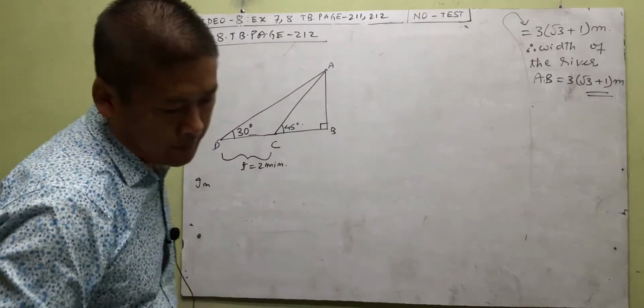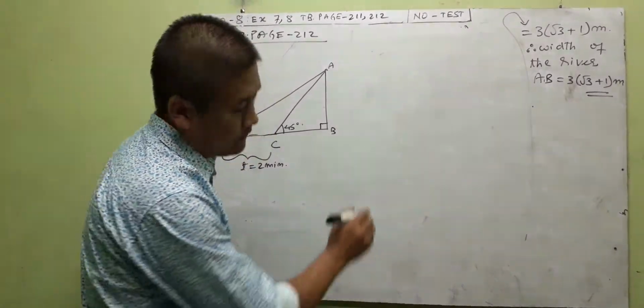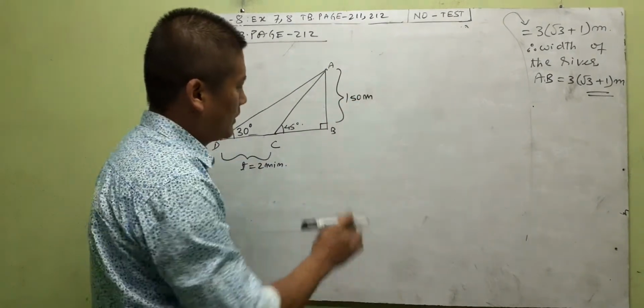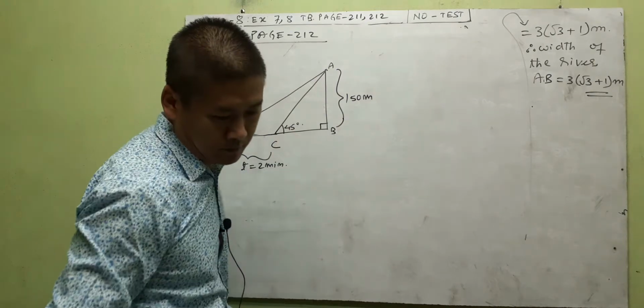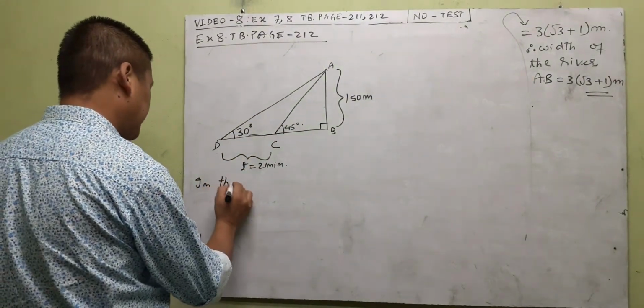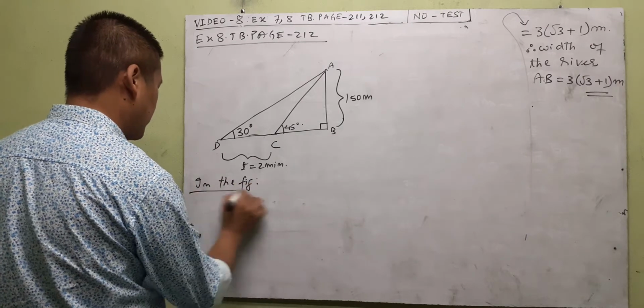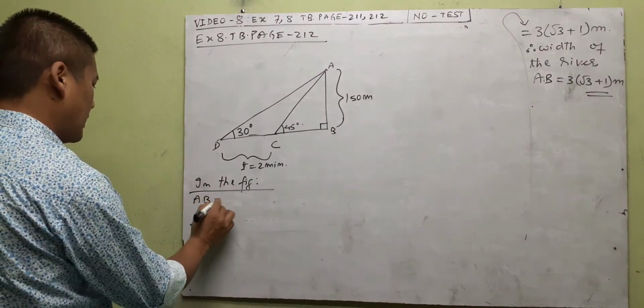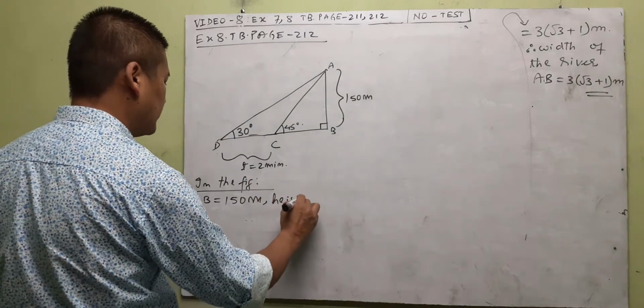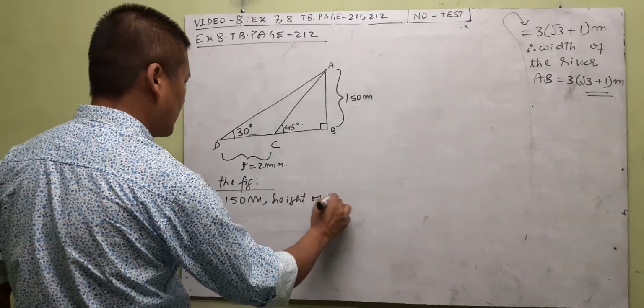So let us write here. The height of the lighthouse is also given. So here, 150 meter is the height of the lighthouse. It's right here in the figure that we have drawn just now. AB equal to 150 meter is the height of the lighthouse.